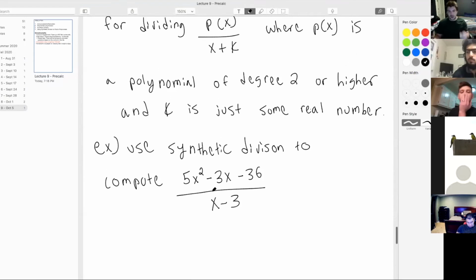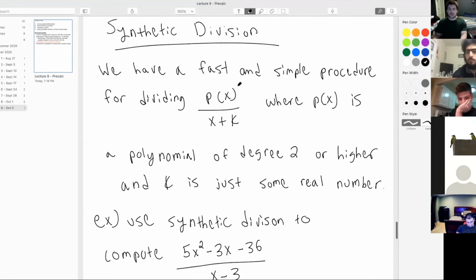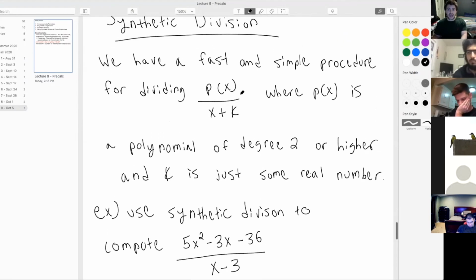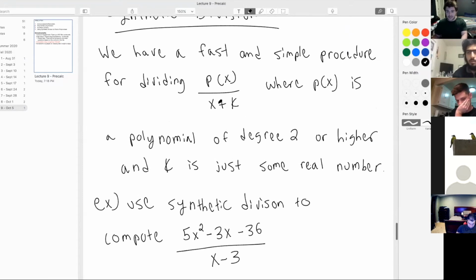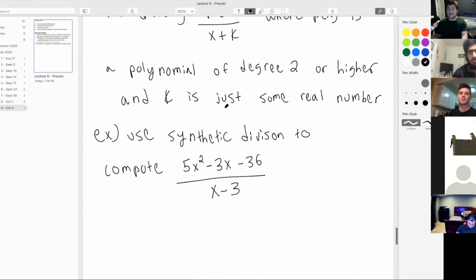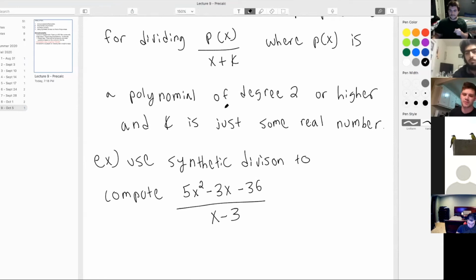I just want to note that this setup follows the correct format for when synthetic division is applicable. We have in the numerator a polynomial of degree 2 or higher, and in the bottom we have x plus a number. In this case, it's x plus negative 3. You have a question, Luke? Can it only be one exponent?